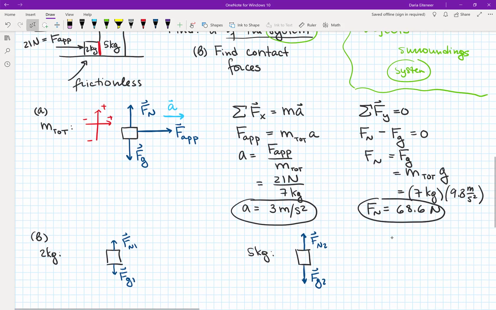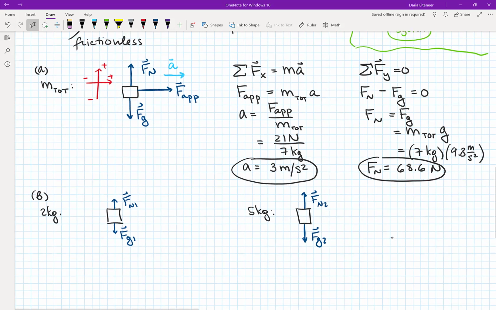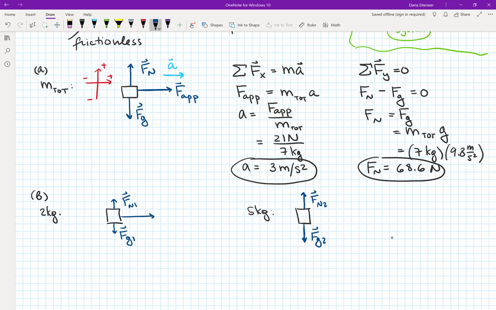Well, there is applied force, right? But that applied force is only applied to the 2 kilogram mass. So I'm going to draw that. I'm going to try to draw it the same exact length as in the previous free body diagram. Sometimes that works. Sometimes that's a nifty trick that you can use, that if you have multiple free body diagrams, kind of try to scale them to each other a little bit too.